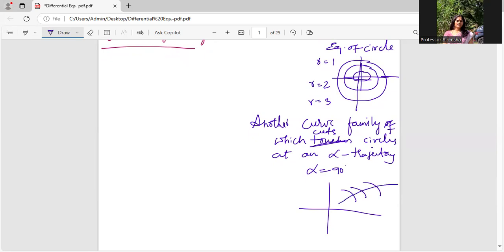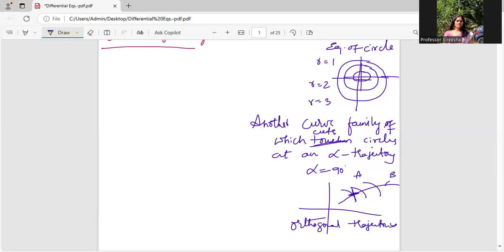At the point of intersection of this family of curves, suppose this is B and the family of curves is A, if I draw the tangents to both curves and they cut at an angle of 90 degrees, then they would be called orthogonal trajectories.